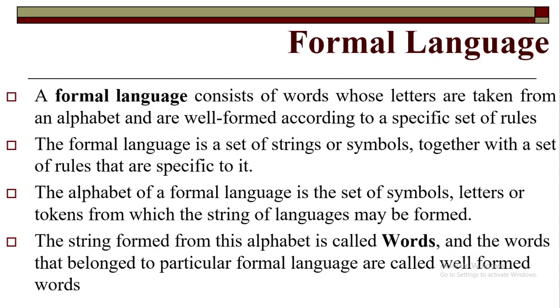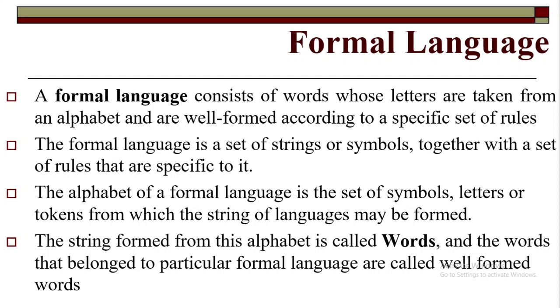It consists of a set of strings or symbols. Along with the set of strings or symbols, we have to specify the rules to form the formal language. So the strings formed from this alphabet are called words, and the words that belong to a particular formal language are called well formed words.